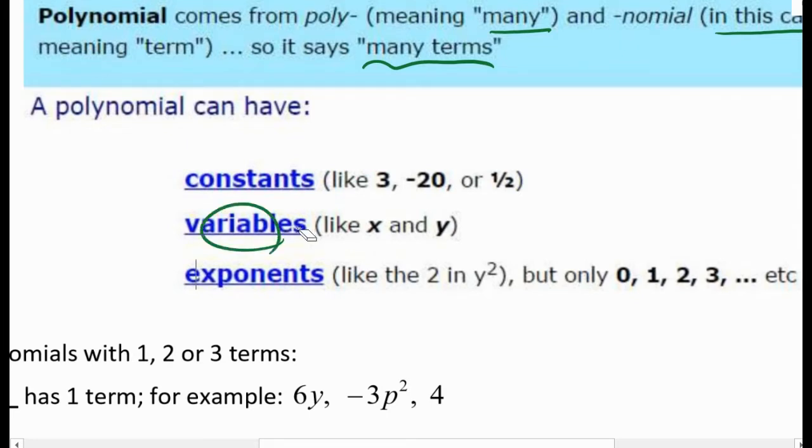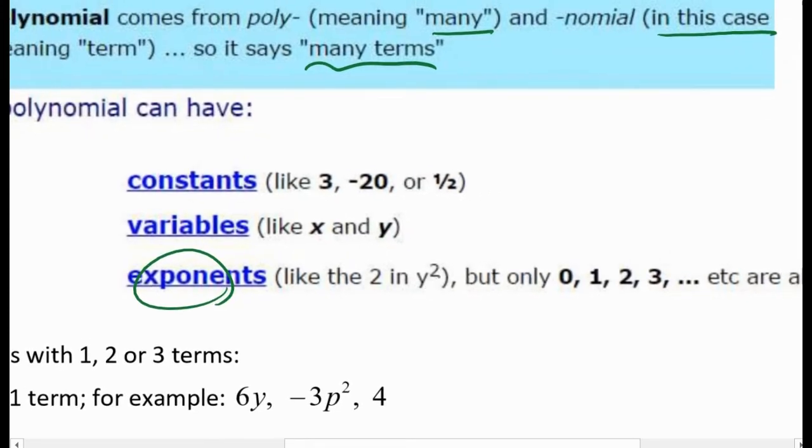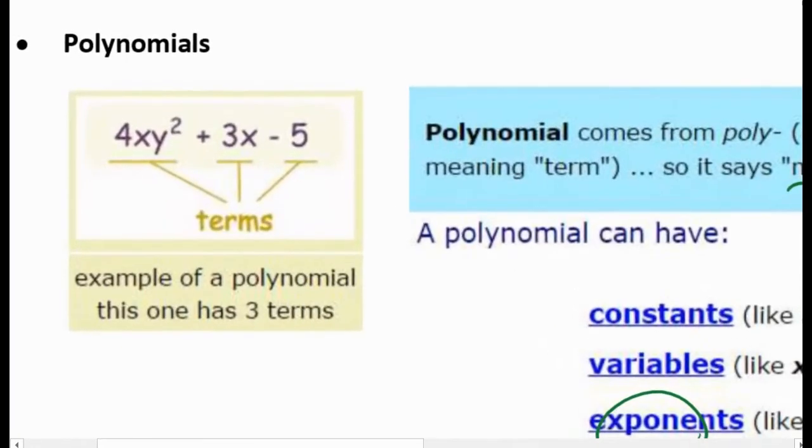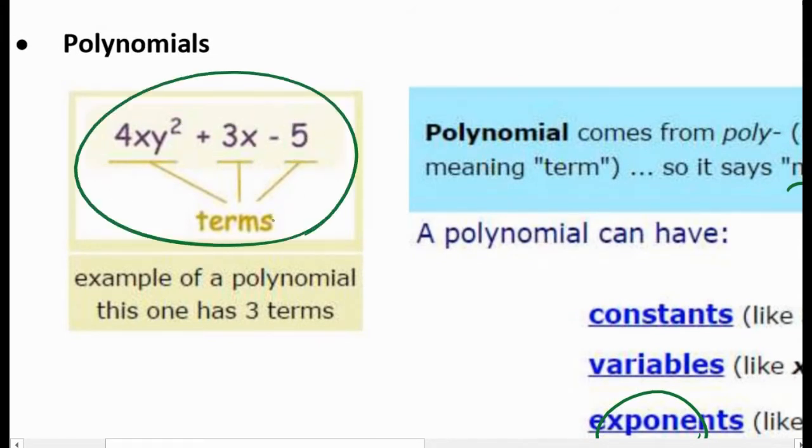And variable is the letter x and y. And exponent, we learned the exponent, right? So this small number is the exponent. So we read this y squared or y to the power of 2. All right. So polynomial, so we have 1, 2, 3 terms. Those are terms. So we call this a polynomial.